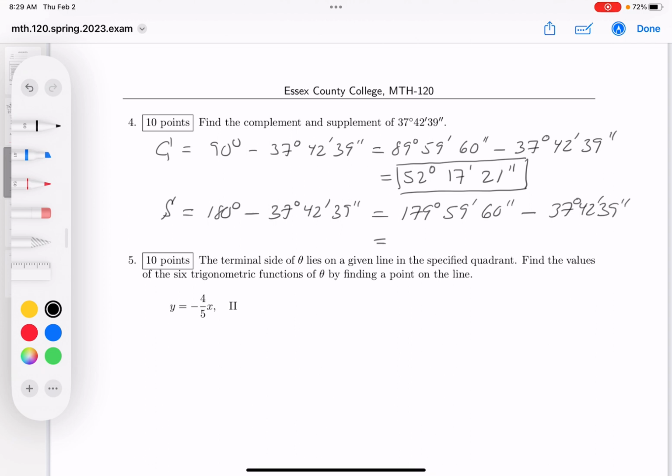Again, they're mixed numbers. Let's see, 179 minus 37 is 142 degrees. 59 minus 42 is 17. And 60 minus 39 is 21. Put a box on that and move on to the next question.